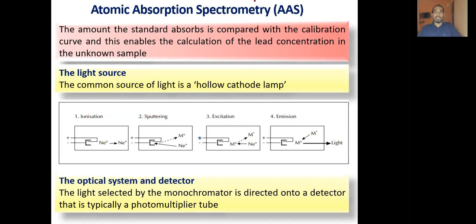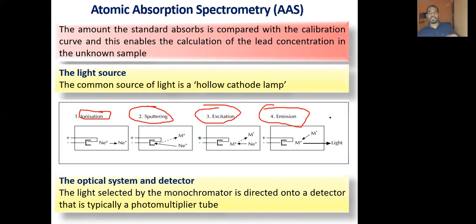The common light source is the hollow cathode lamp. In this you will see ionization, sputtering, excitation and emission. Ionization occurs, then sputtering, where the ionized atoms are attracted towards the cathode in the lamp.